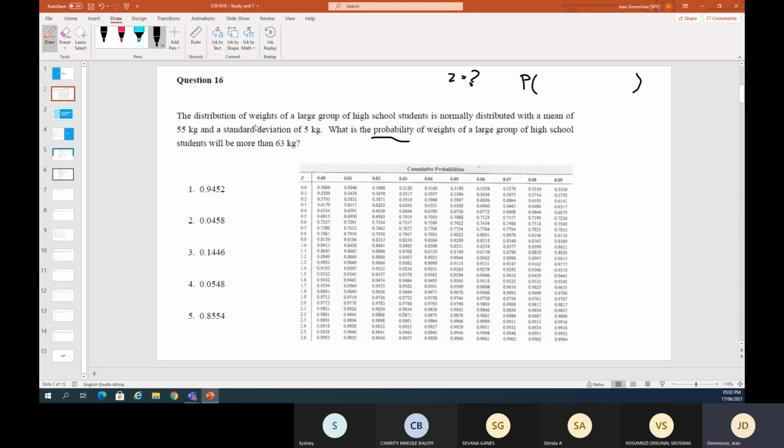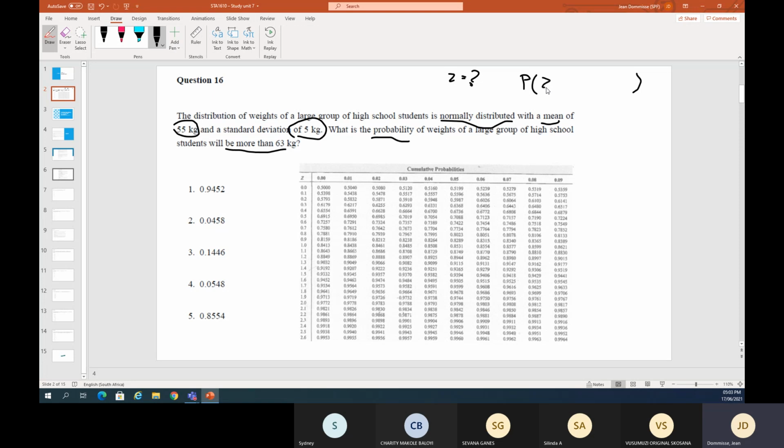So the distribution of weight of a large group of high school students is normally distributed with a mean of 55, standard deviation of 5, and then what is the probability students will be more than 63?